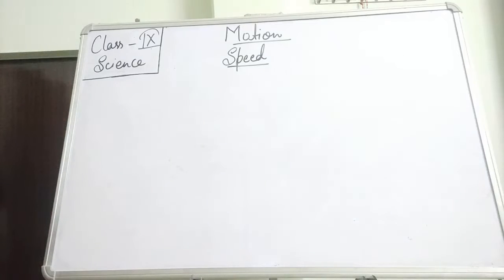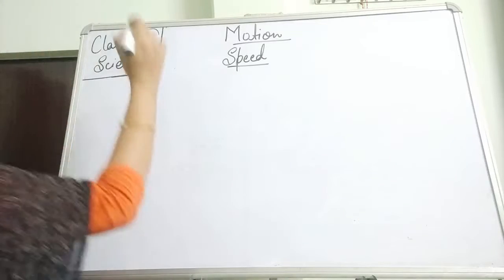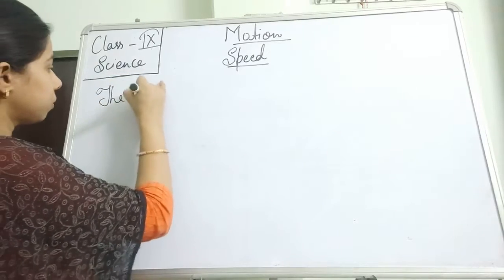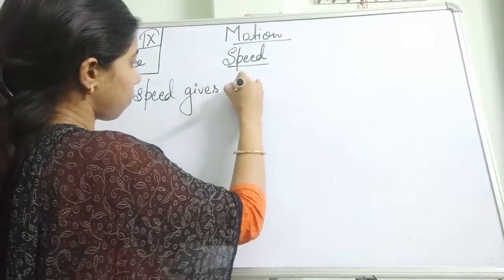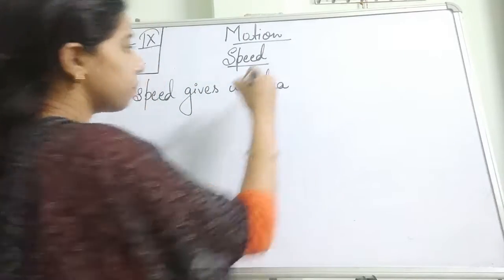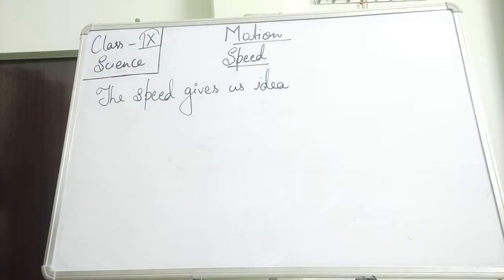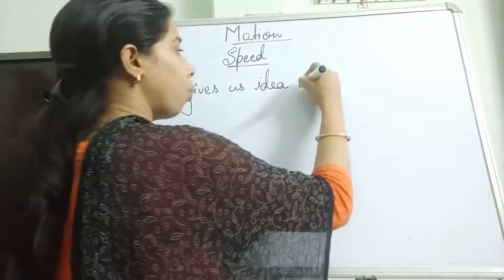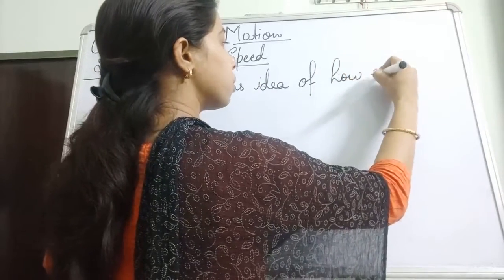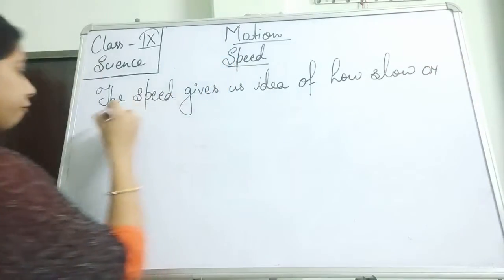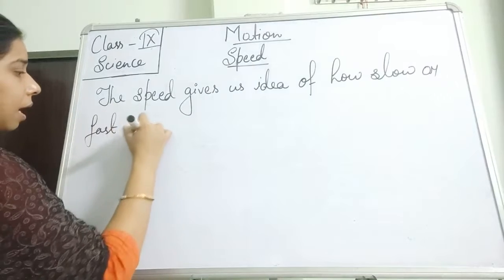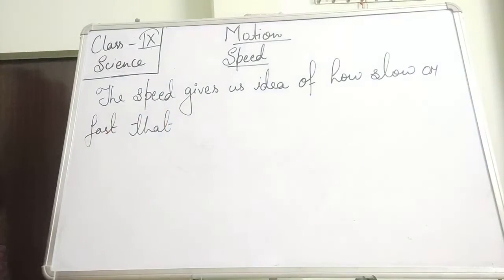So we can write that speed gives us an idea of how slow or fast a body is moving.